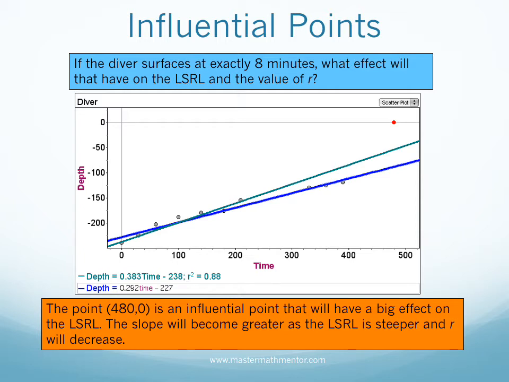Typically, points that are outliers in the x direction are often influential. Also, the value of r will decrease. The calculations show that the new regression line in green on the graph now has an r value of 0.94 when it was originally 0.98. Outliers are influential. Influential points are not necessarily outliers.